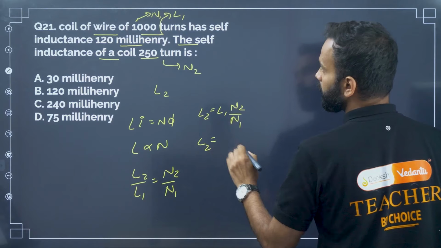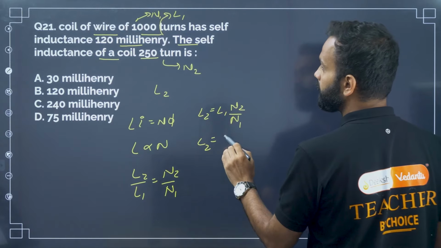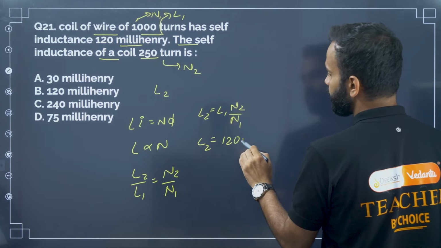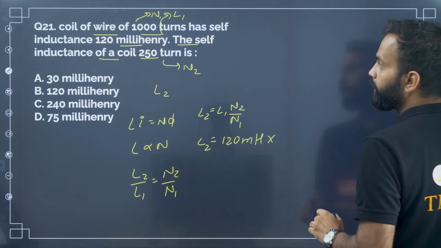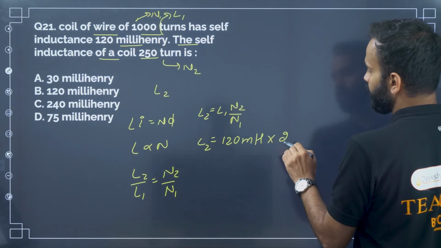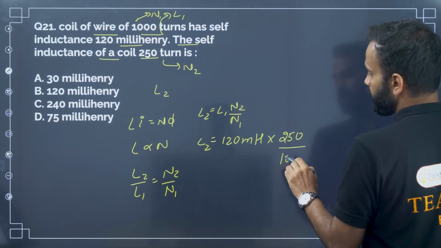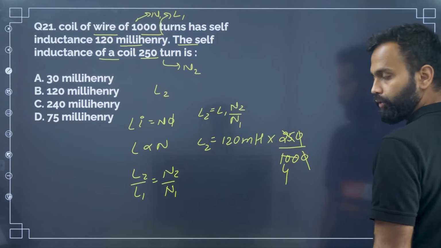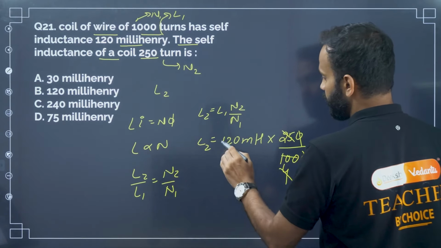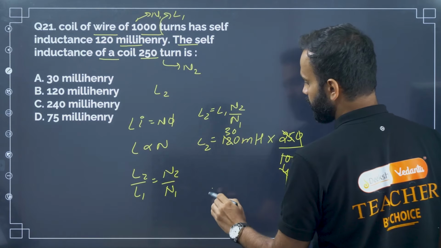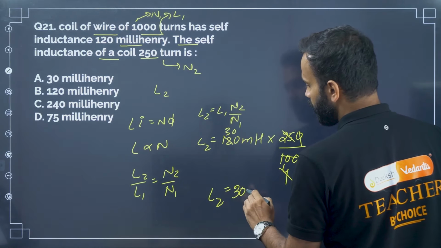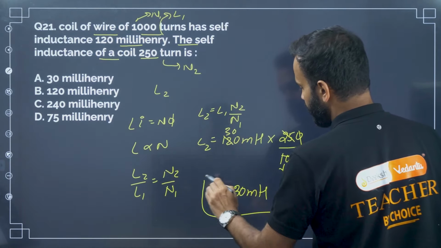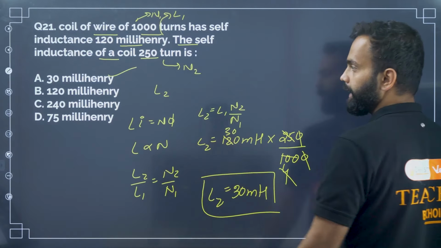L1 is 120 millihenry into N2, 250, by N1, that is 1000. So 10 will get cancelled, 25 4s are 100, 4 3s are 12, so this will be 30. So L2 equals 30 millihenry. The correct option is A.